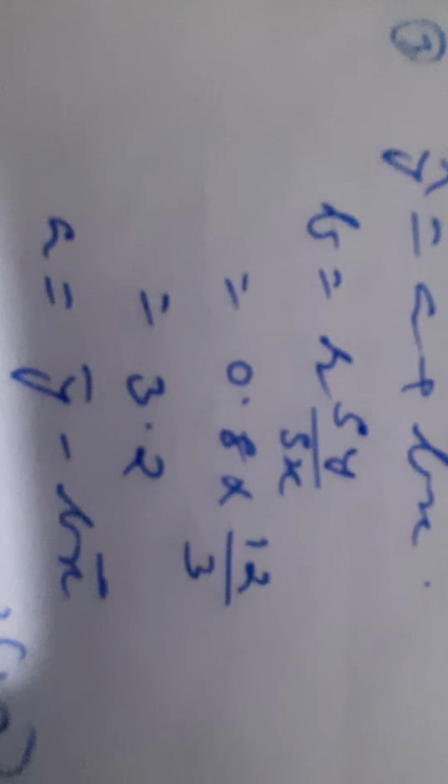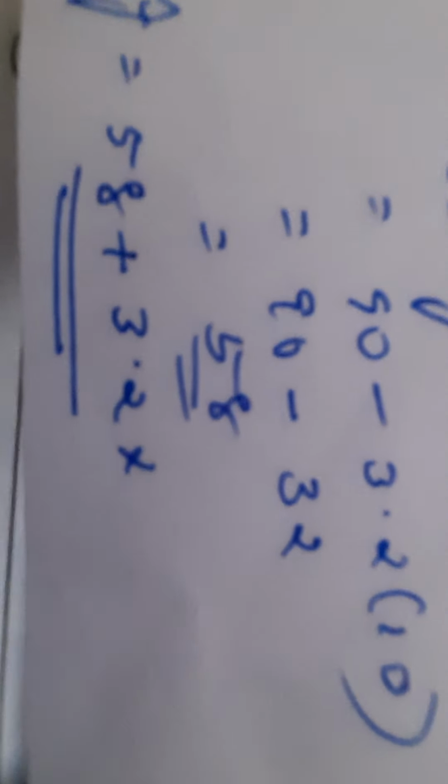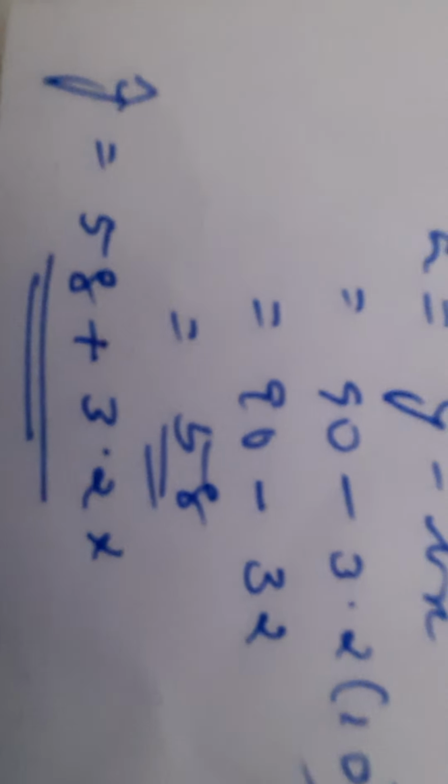So r is 0.8, sy is 12, and sx is 3. So 3.2 is b. A is y bar minus b x bar, which is 90 minus 3.2 into 10, which is equal to 58. So a we got. Now the equation of y cap, that is the regression line of y on x, is 58 plus 3.2x. That is only asked, and the final answer is this.